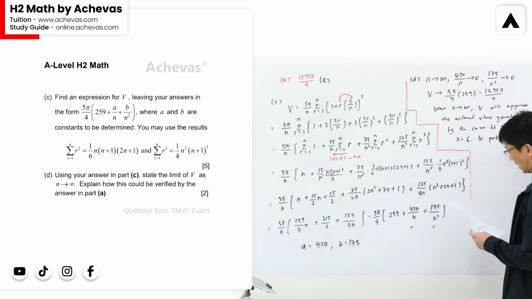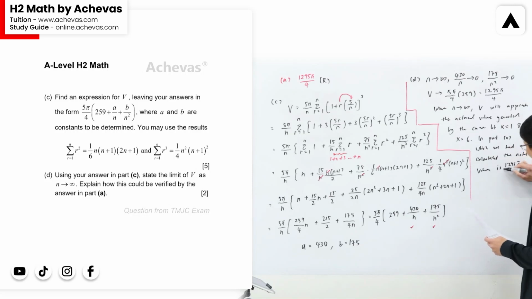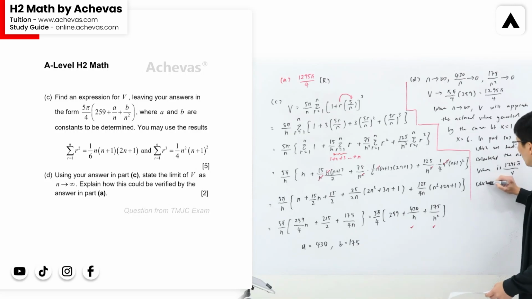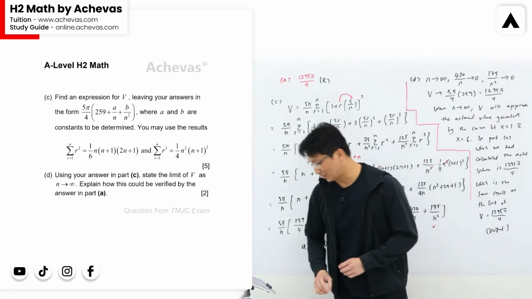In part A, we had calculated the actual volume is 1295 pi over 4, which is the same result as the limit of V, which is also equal to 1295 pi over 4. All right, so this is how we will verify the result for part D.